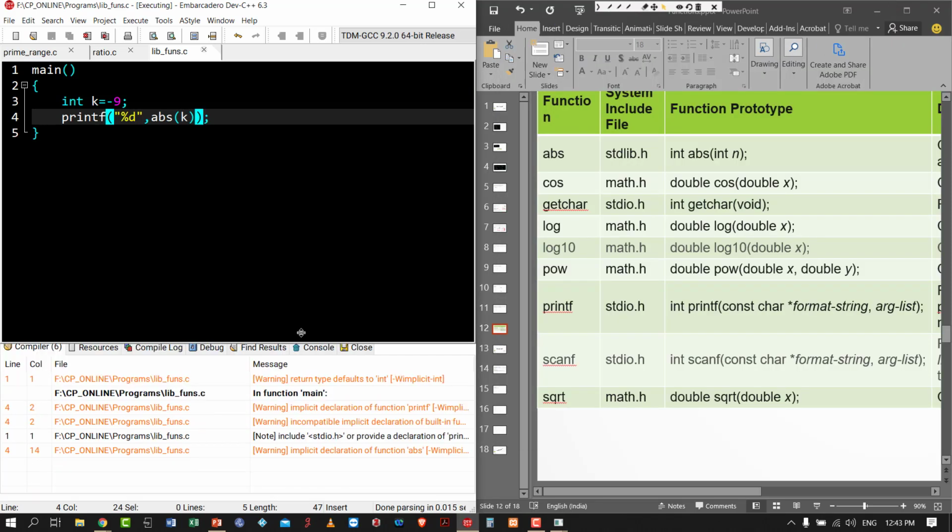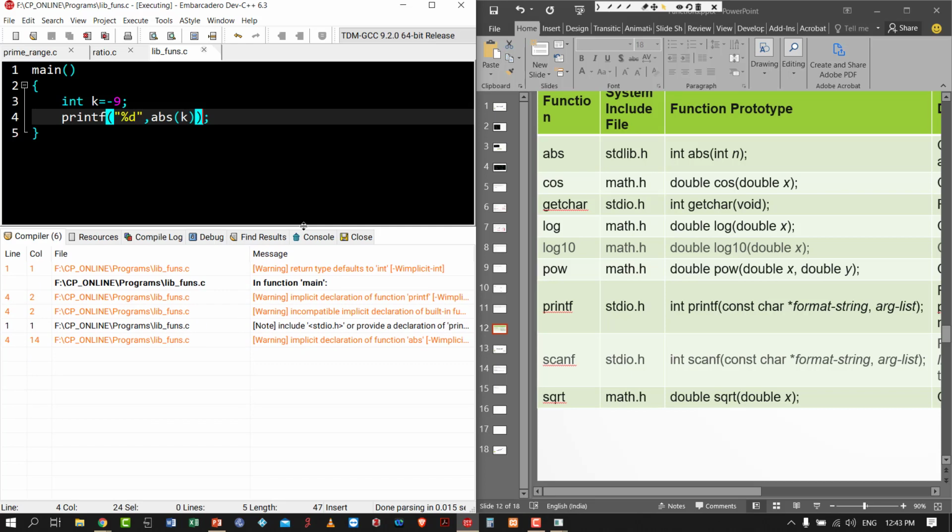So before moving to the next function, here this is called the log. Log means the history. Here it says implicit declaration of function abs. That is a warning. I already told you these library functions are written in some header files.